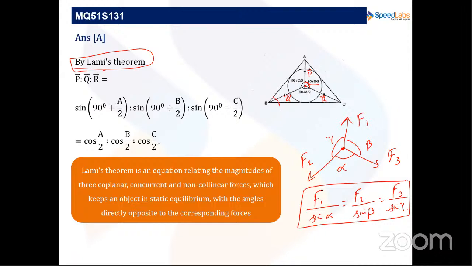So for A the angle is 90 degree plus A by 2, for B it will be 90 degree plus B by 2, and for C it is 90 degree plus C by 2. So sine 90 plus A by 2 will be cos A by 2, cos B by 2, and cos C by 2. So our answer is option number A.